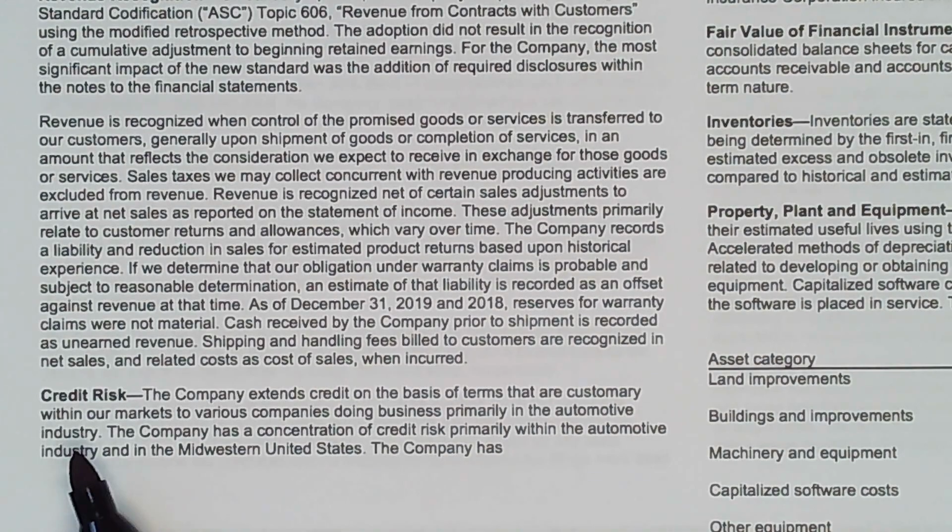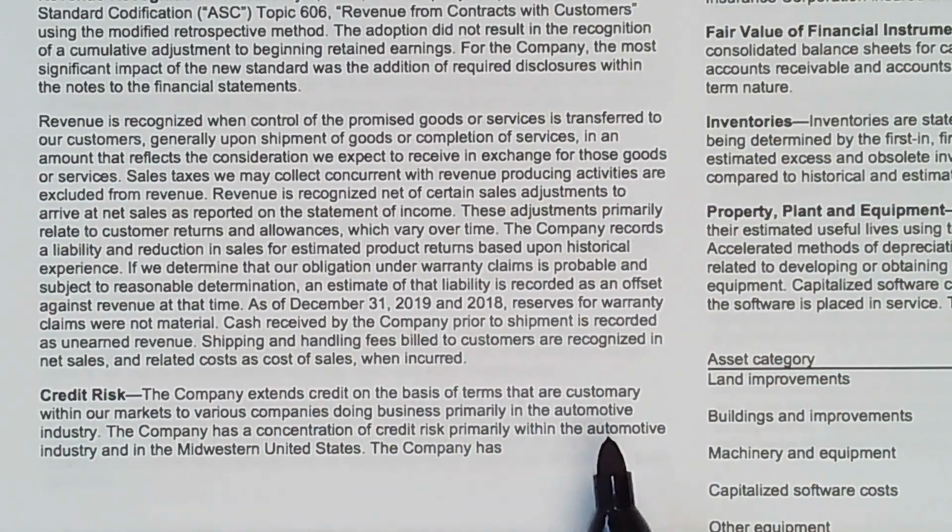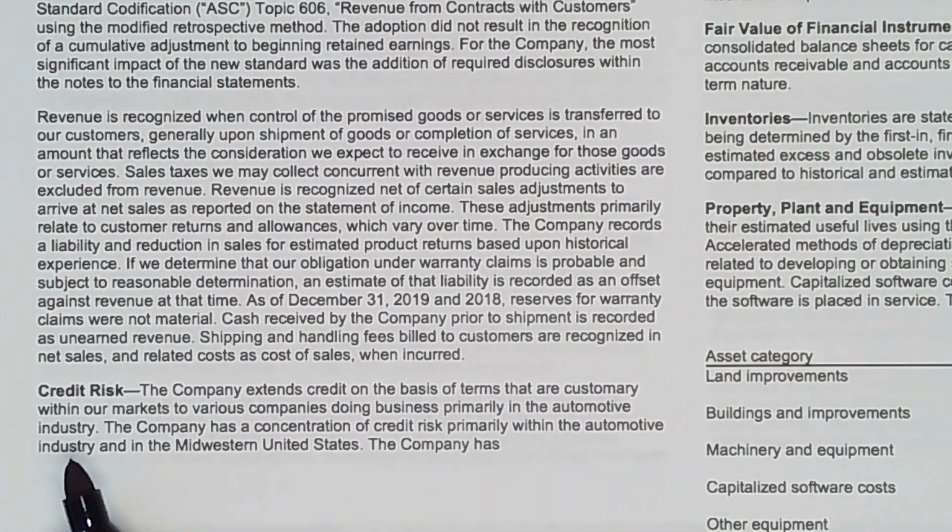So the issue becomes, if we looked at 2020's financial statements, this is 2019, has their credit risk gone up? Because they are dealing primarily with the automotive industry. That becomes interesting, right? And that may end up causing some issues about the collectability of their receivables.